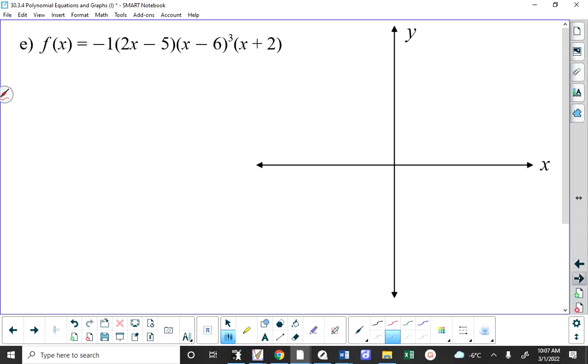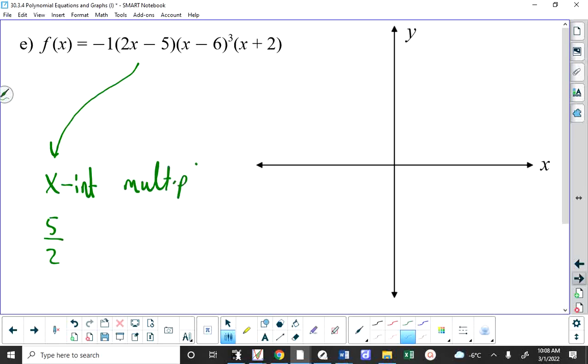So we have an x-intercept here of 5 over 2 with a multiplicity of 1, because it's 2x minus 5 to the 1.